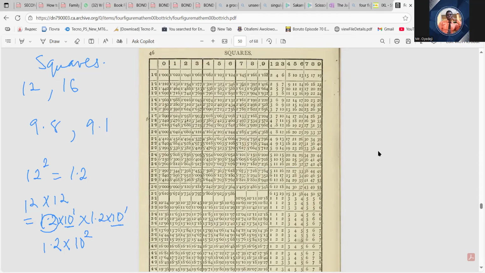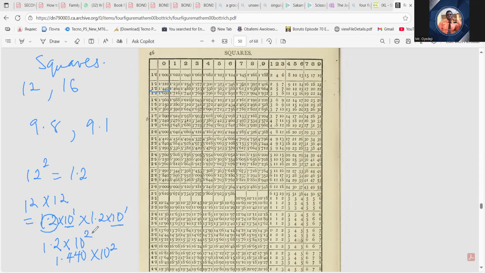So 1.2 under 0 is here. So that's 1.440 times 10 raised to power 2. Hope you get it now.